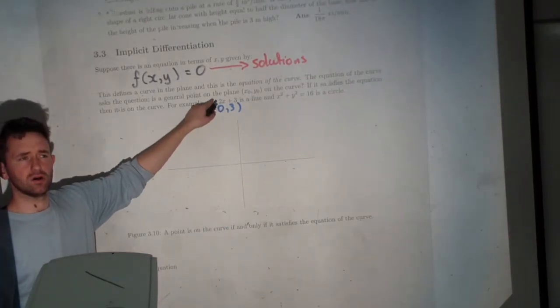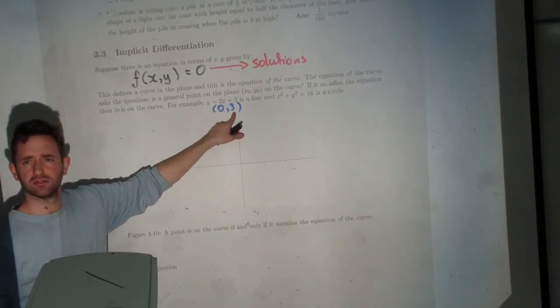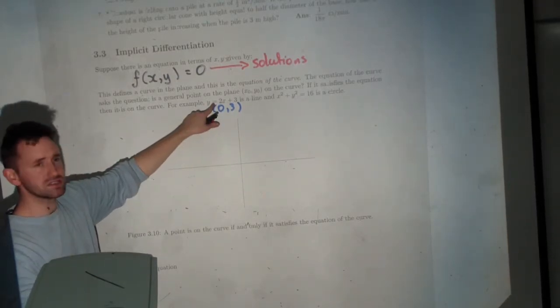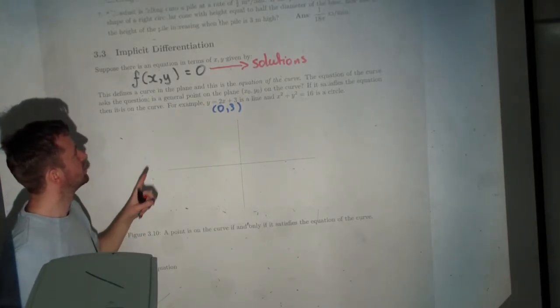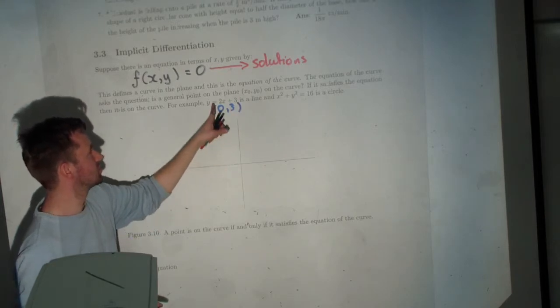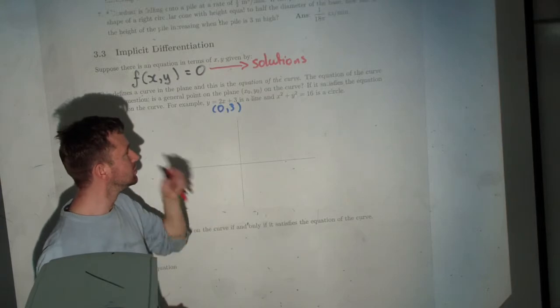Plot all the solutions. This can be plotted, can't it? Plot all the solutions of an equation and you get a curve, some kind of a shape. This one, if you plot all the solutions of this, you get a straight line. And this one turns out to be a circle.